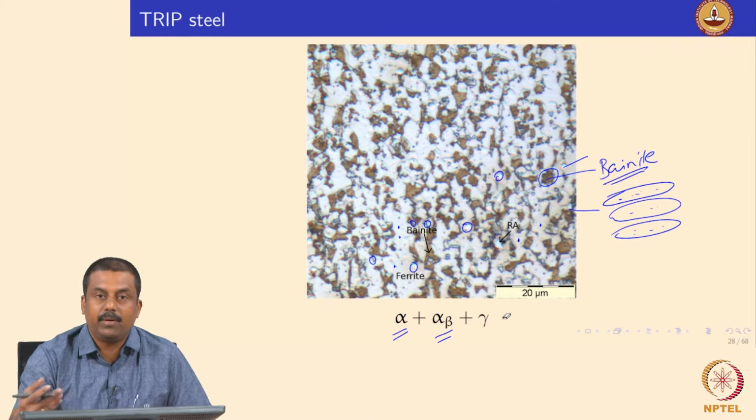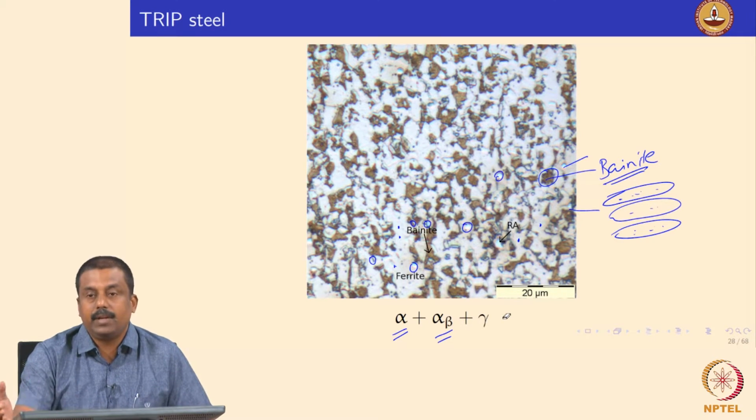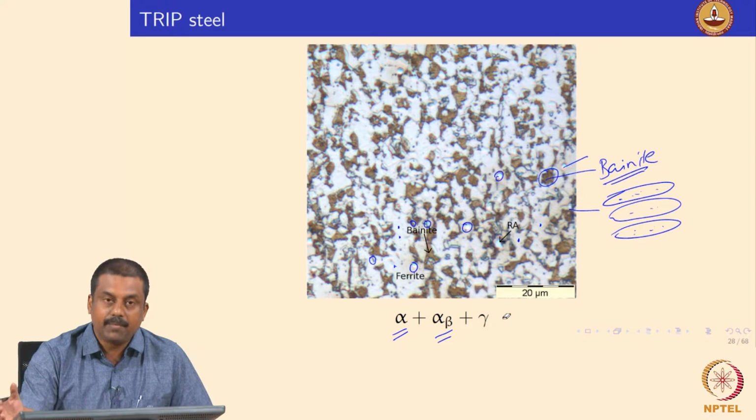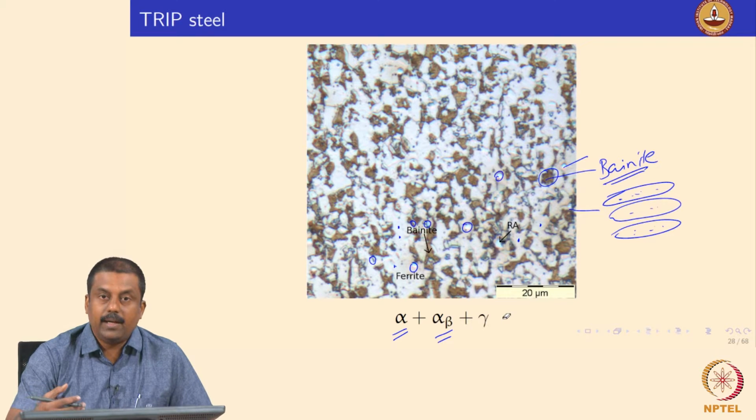When it transforms to martensite by stress, the mechanical energy you put in is consumed by this transformation, resulting in increased elongation during forming. And apart from that, because the austenite is transforming to martensite during deformation, we also gain advantage in terms of crash performance.